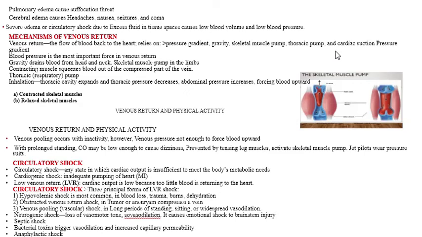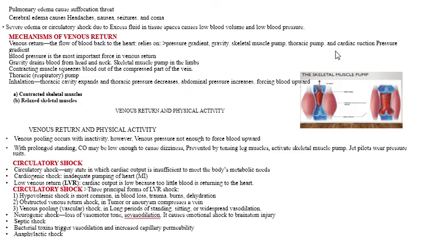By expiration and inspiration, because there will be a negative pressure inside the chest. With inhalation, the thoracic cavity expands. They call it inhalation when we breathe in, and when we expel air from the lung they call it expiration. Abdominal pressure increases, also forcing blood upwards.